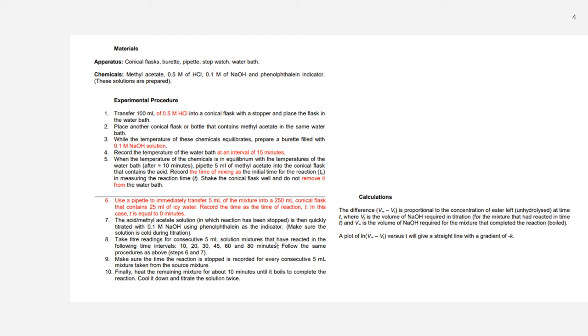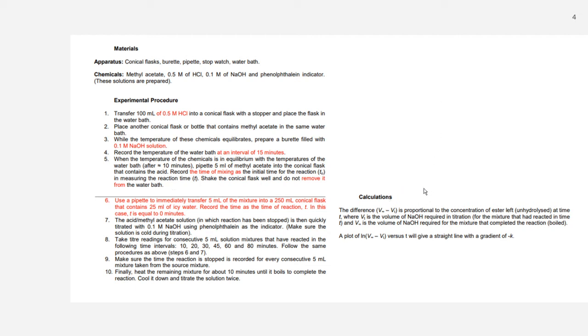So you do that until the 80th minute, okay? You have the remaining mixture in a conical flask. What you need to do is heat that until it boils completely, and once it has cooled down, you titrate the solution twice so that you get the average, okay?